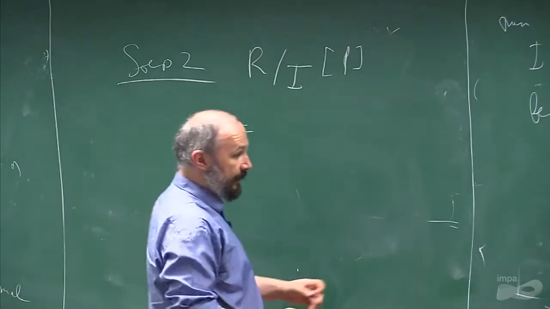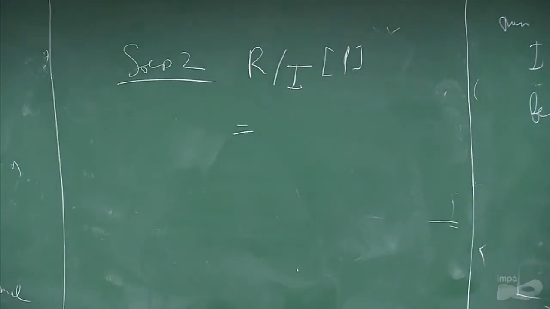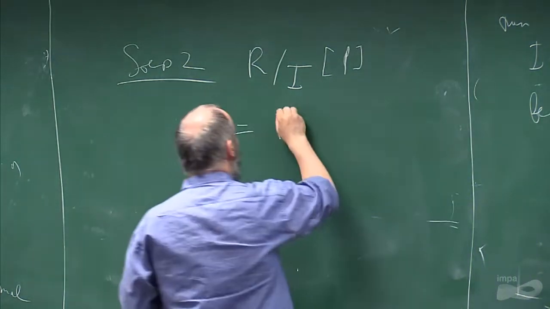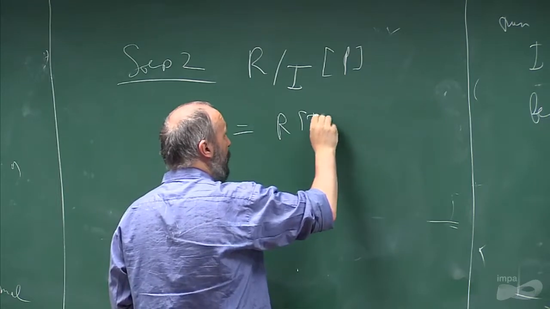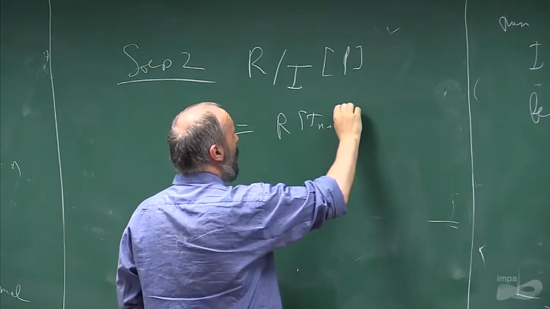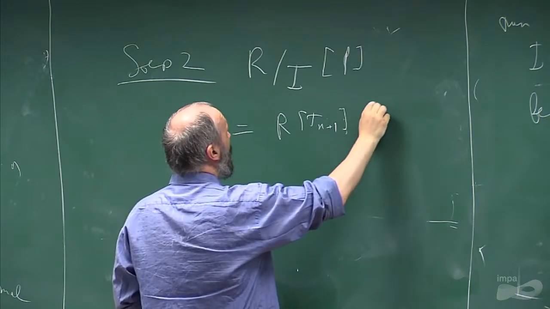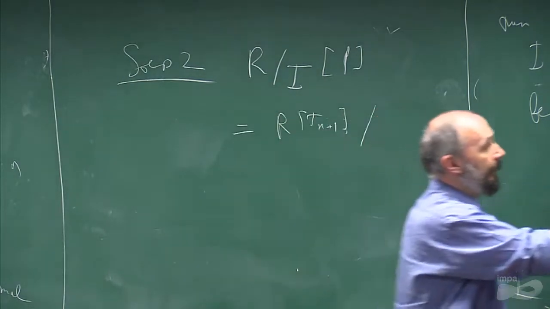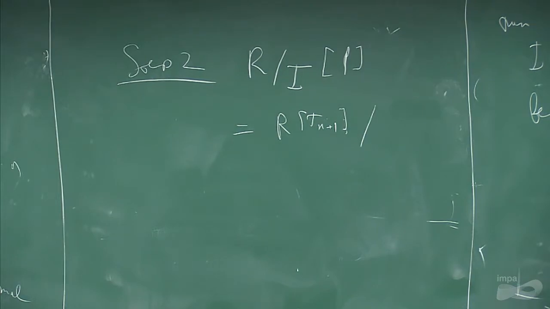And of course, this is the same as we just discussed. It's the same as the ring R of t n plus 1 quotient, where R is this polynomial ring.